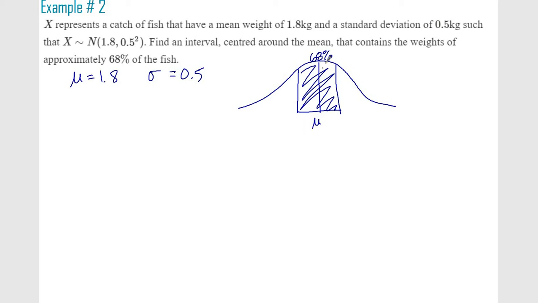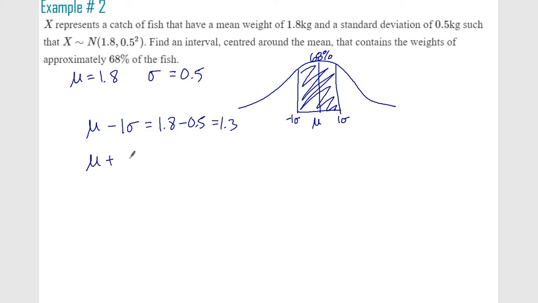Well, hopefully we know that percentage is just one standard deviation from the mean. So if we're trying to write our interval, we need to take our mean and subtract one standard deviation. Oh, sorry, I should keep using my variables. Mean minus one standard deviation. So 1.8 minus 0.5, so we get 1.3.